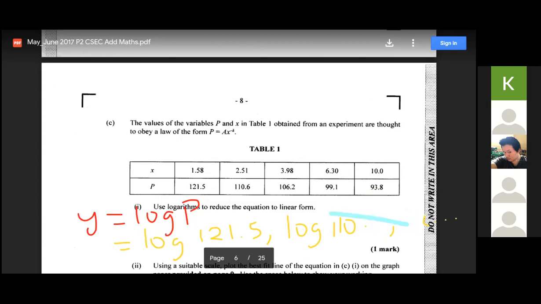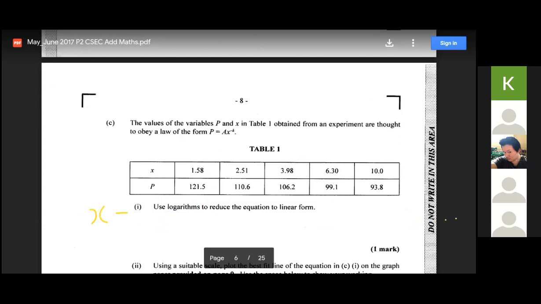Same thing for the x. We said what we're plotting on the x-axis is log of x, right? So all the values we're plotting on the x-axis are this.